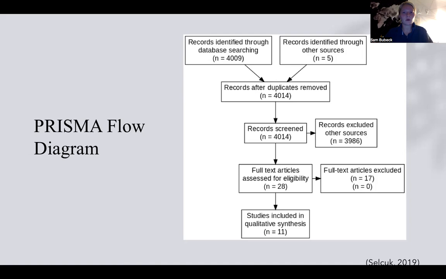Some of them did not have conclusions that aligned with what my purpose statement was looking for. And that was the biggest reason. And I eventually had 11 articles that I was able to create a qualitative synthesis with.